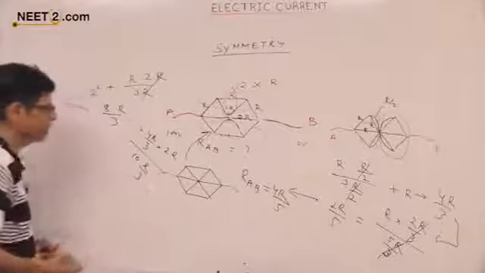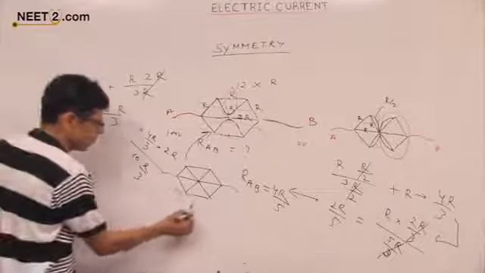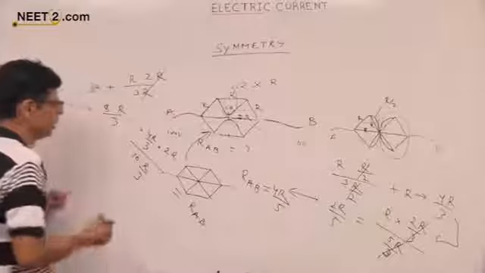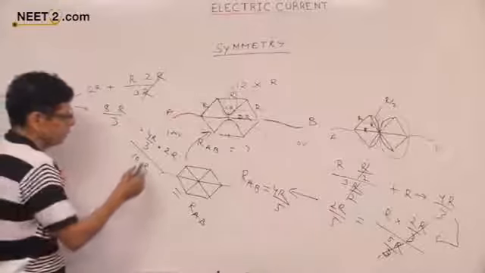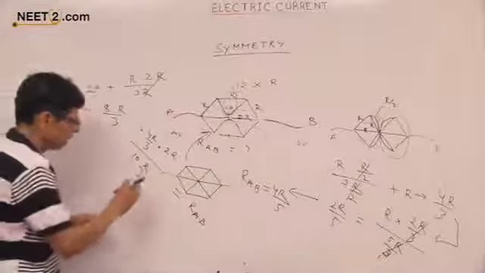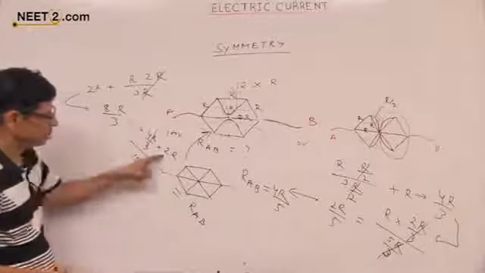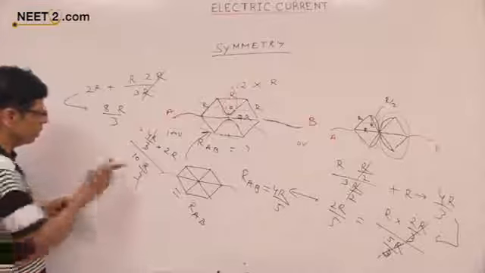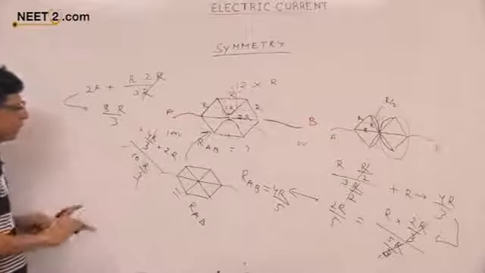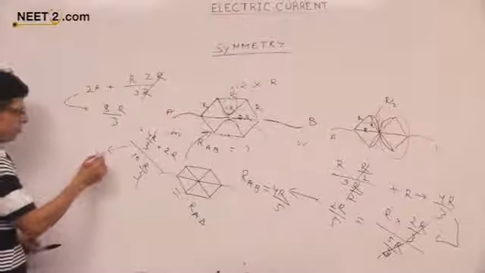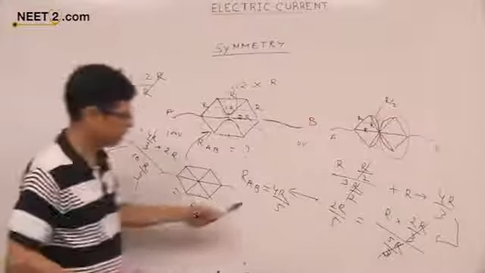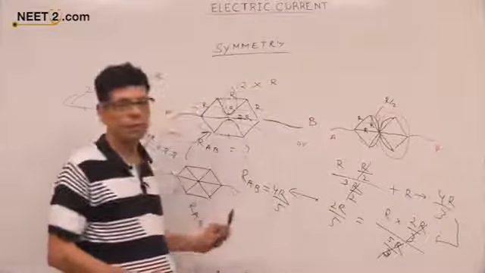So RAB is equal to, let me calculate what I have got. The R by 3 here cancels off with the R by 3 here. A 2 cancels out. So I am getting 4R by 5, which matches with the previously found answer for RAB.